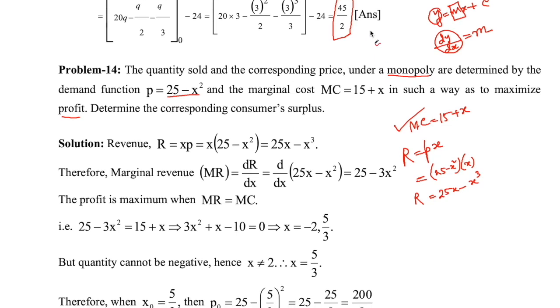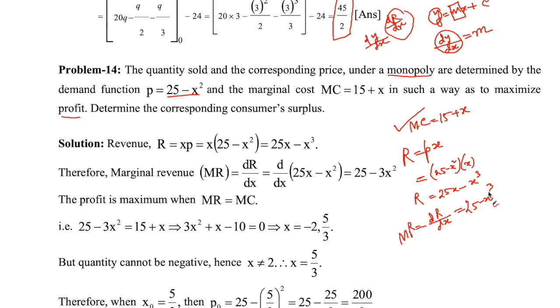When you are given a cost function, then marginal cost will be its first derivative. When you are given a revenue function, then marginal revenue will be its first derivative. So here marginal revenue will be dr dx, the first derivative of r.